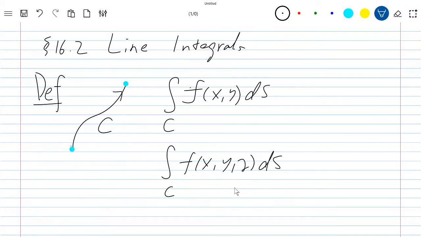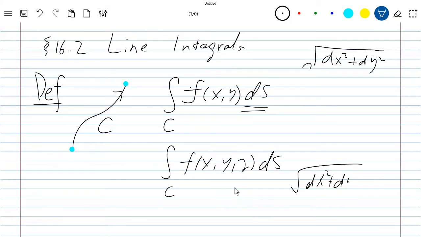So how do we define that? Well, this ds is known as the square root of dx squared plus dy squared in the Pythagorean theorem, or dx squared plus dy squared plus dz squared in 3D.